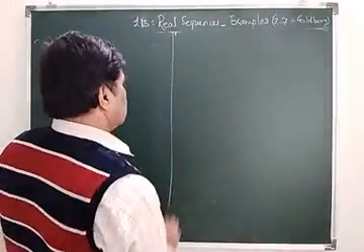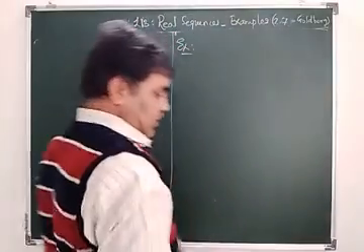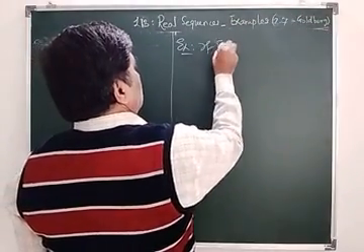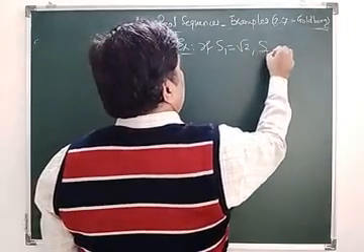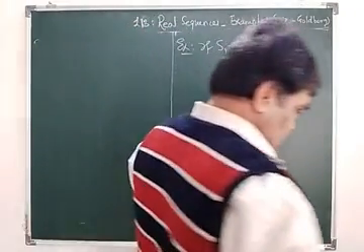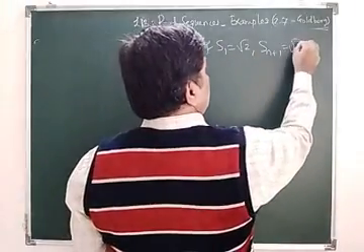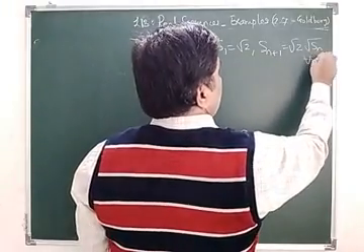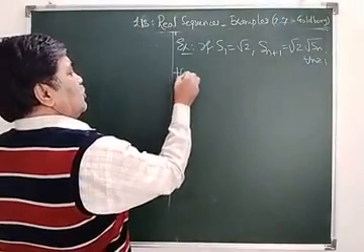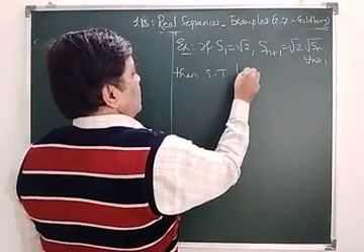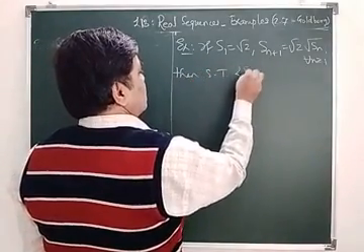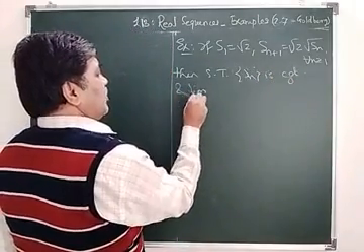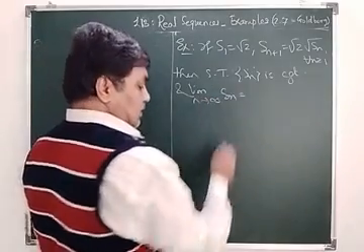Next example, this is one more important type. If S1 is equal to root 2, Sn plus 1 is equal to root 2 into root Sn for every n greater or equal 1, then show that limit n tends to infinity of Sn is convergent, and limit n tends to infinity of Sn is equal to 2.